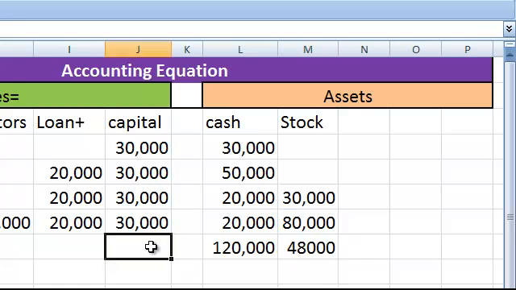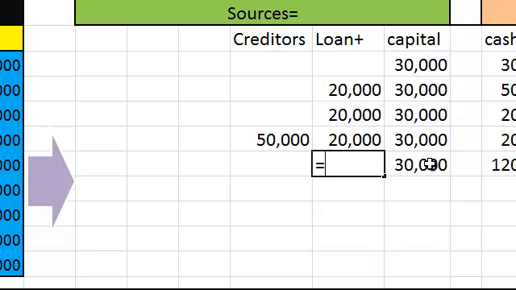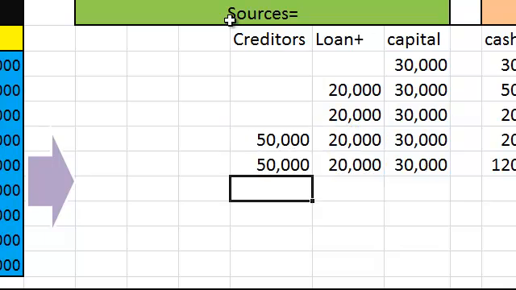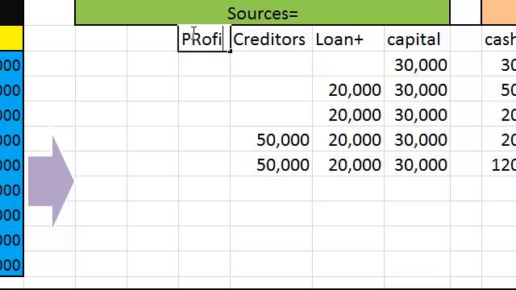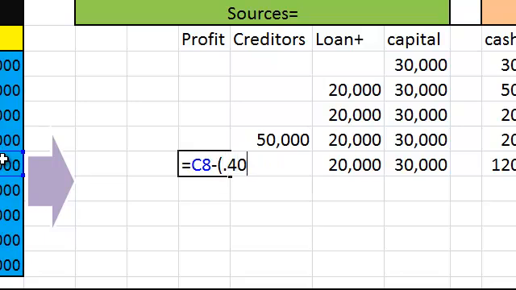as a result, no change in the capital, no change in the creditor, no change in the loan, but a profit comes into picture, and the profit is 100,000 minus 40% of 80,000.